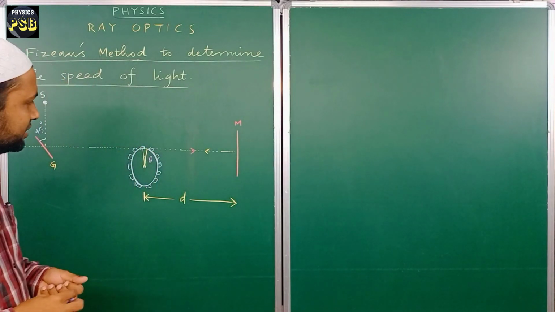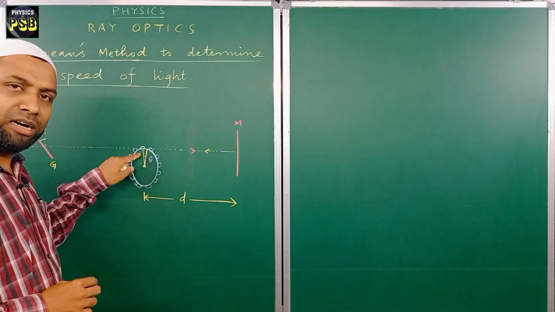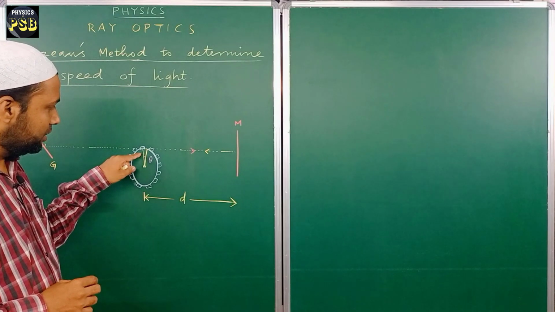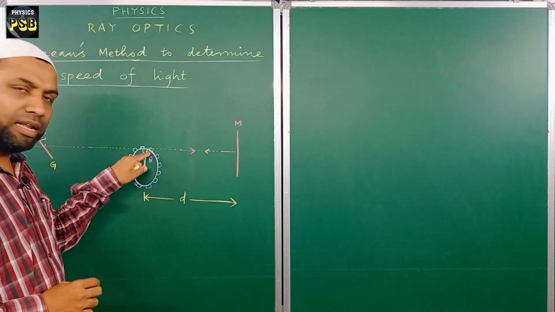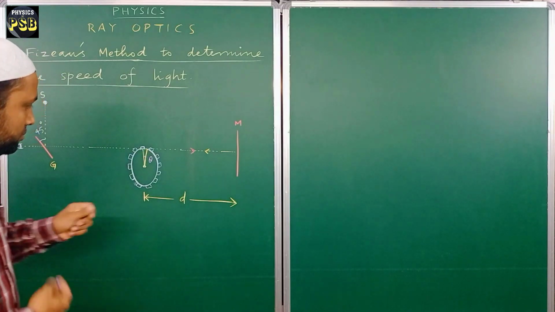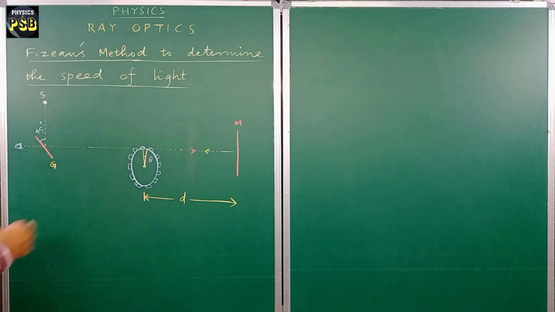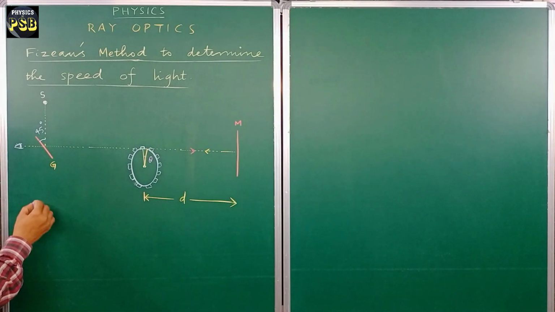So here theta is the angle between the first tooth and the next cut. Clear?